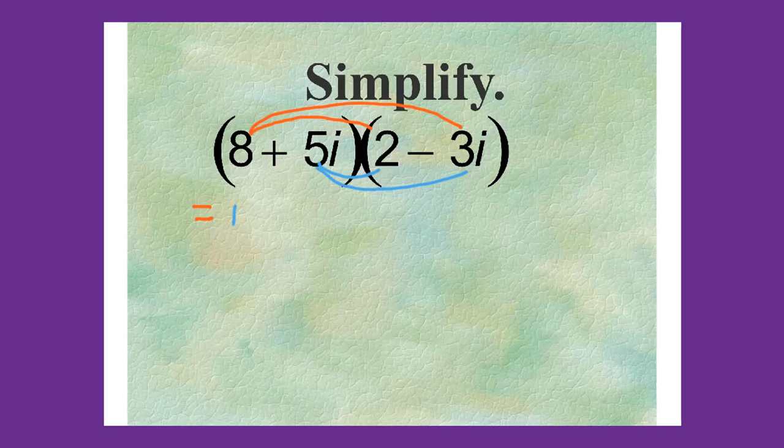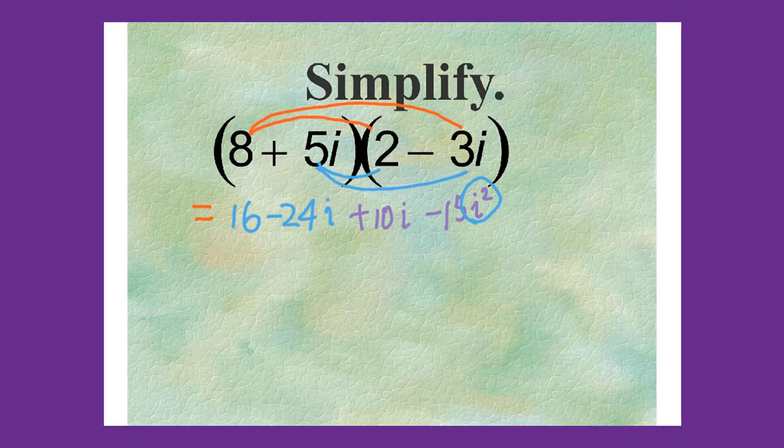8 times 2 is 16. 8 times -3i is -24i. Then positive 5i times 2, you will get positive 10i. Then positive 5i times -3i, that's negative 15i squared.